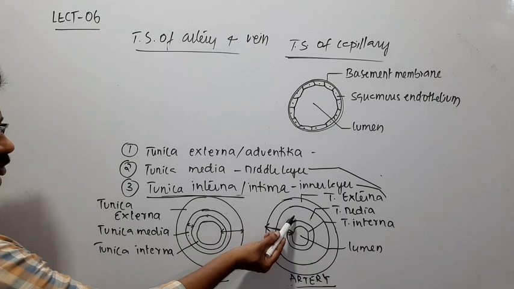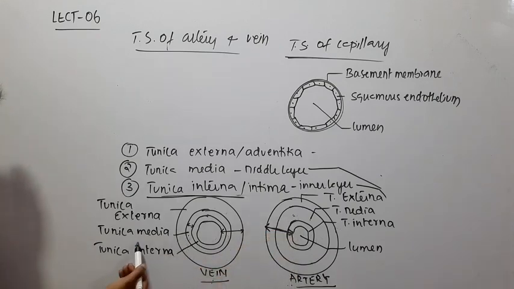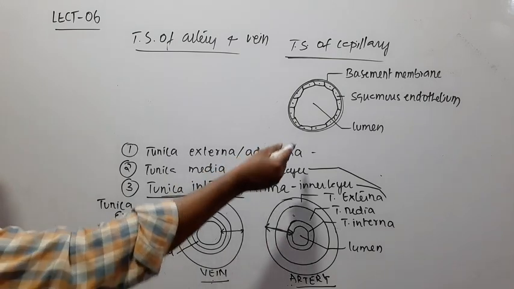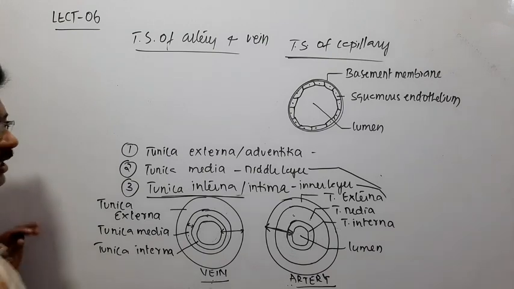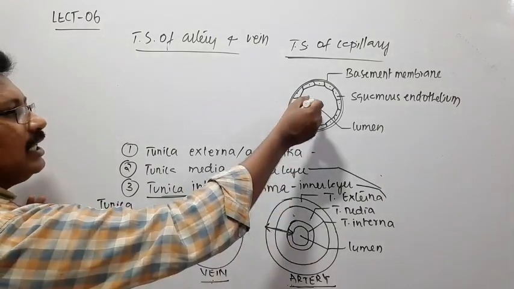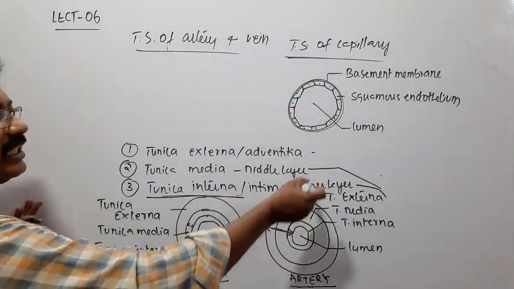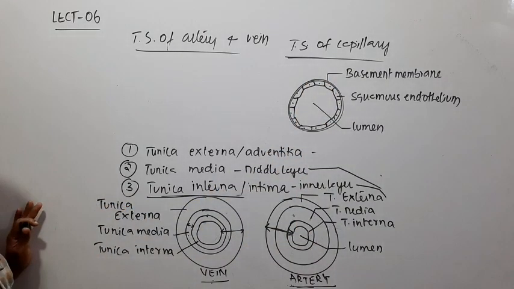So the tunica media is very thick in the artery, whereas it is thin in the case of the vein. That is what I just mentioned, that the muscular layer is thick in arteries to withstand the pressure that is seen in arteries. In capillaries you don't find any of these layers. You'll find a basement membrane and one layer of squamous epithelium.